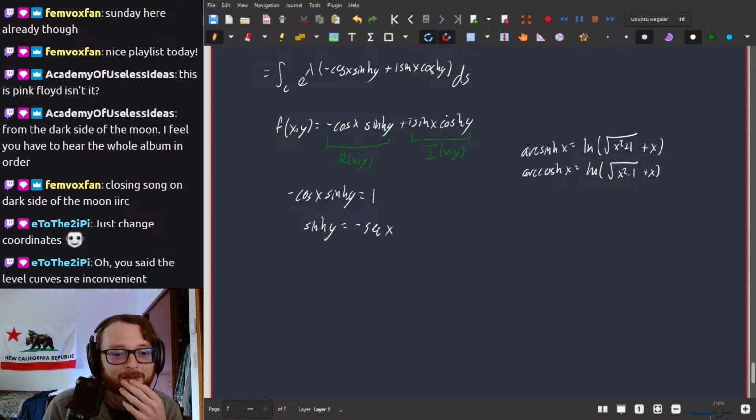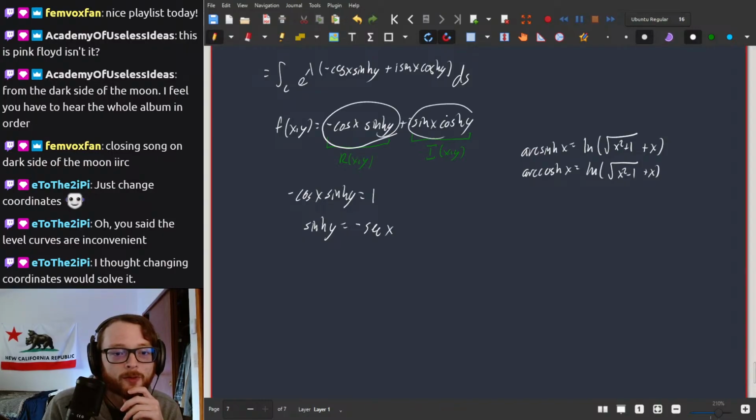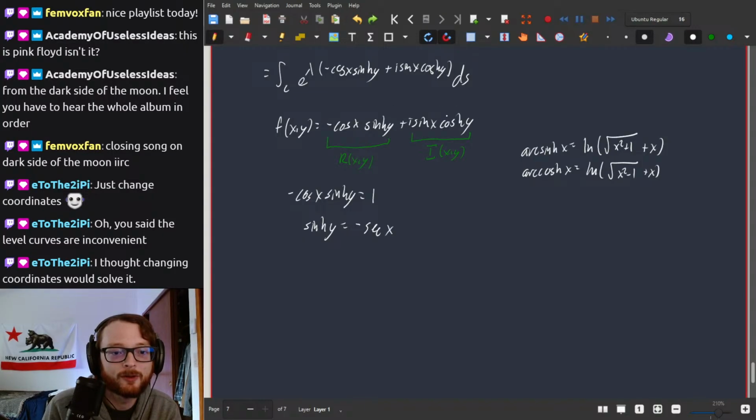Yeah, I'm trying to draw level curves for both of these functions here. These really are not convenient though.